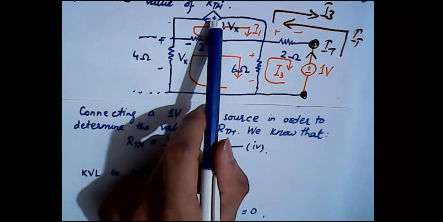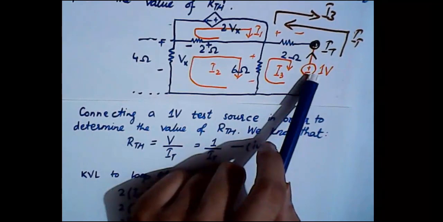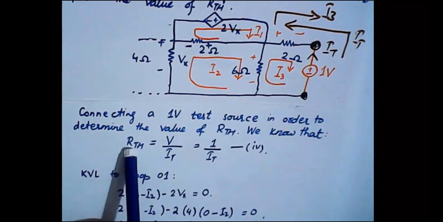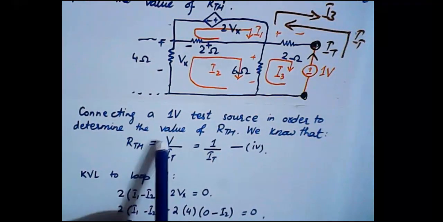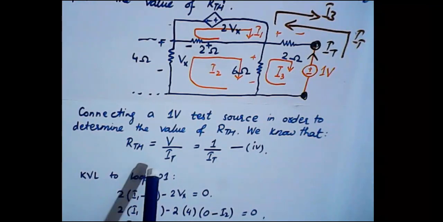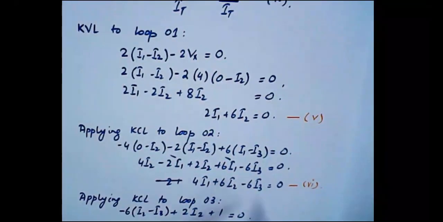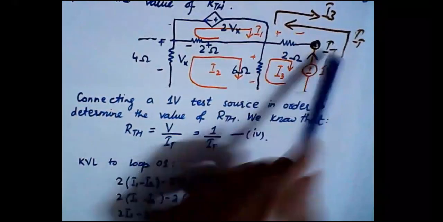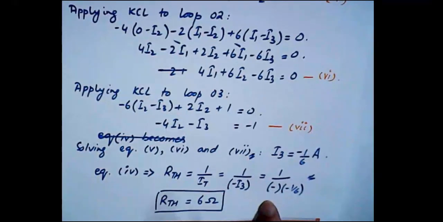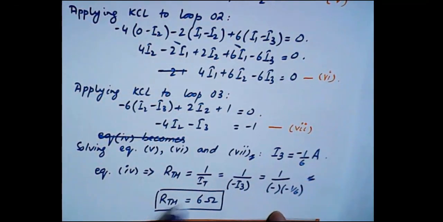So in order to find its contribution, we connected a test source of 1 volt, and we are finding the resistance by calculating the ratio between voltage and current. So we applied KVL to all the 3 loops. We found out the value of I3. We noticed that I3 and IT are in opposite direction. So finally the resistance has been calculated to be 6 ohms, right?